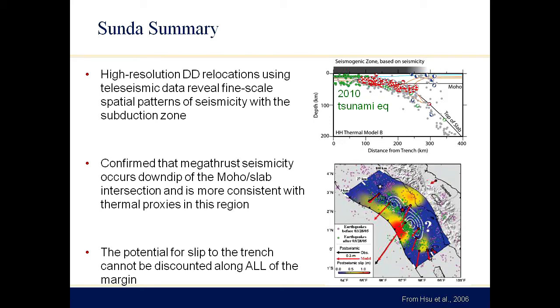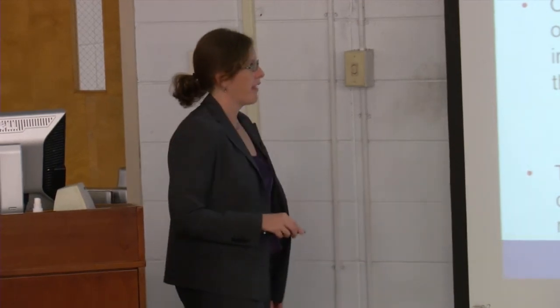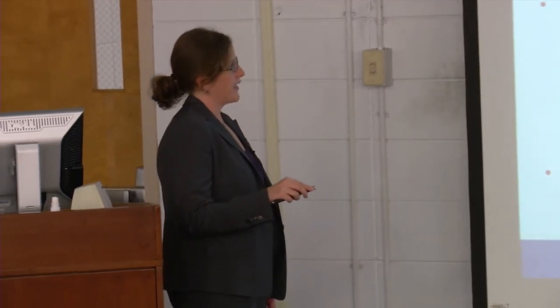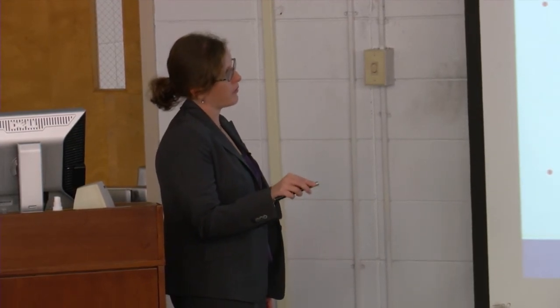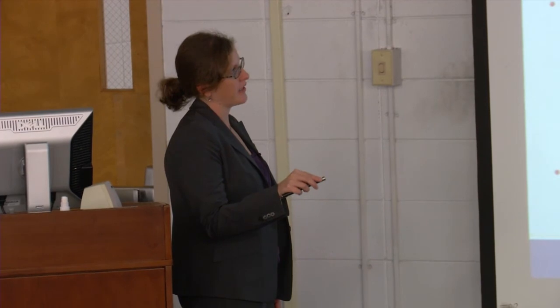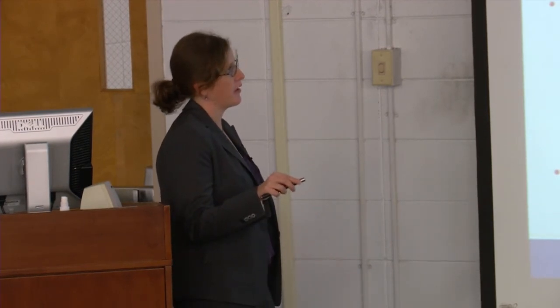Here along Sumatra, we see seismicity extend well down dip of where the continental Moho intersects the slab. This is also true in Chile. So basically, the seismicity is more consistent with the thermal proxies in this region than any sort of mechanical differences set up between moving from having crust on crust versus mantle on crust.